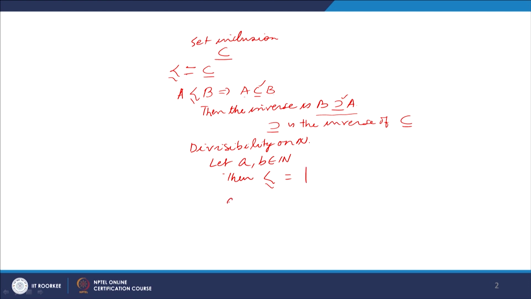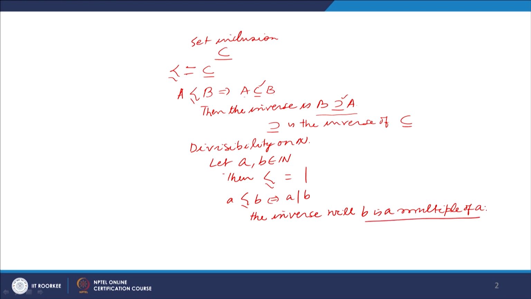A precedes B means that A divides B. That means we can say the inverse will be B is a multiple of A. When A divides B, its inverse is B is a multiple of A.